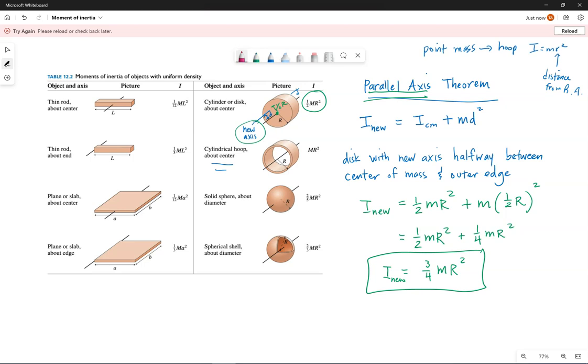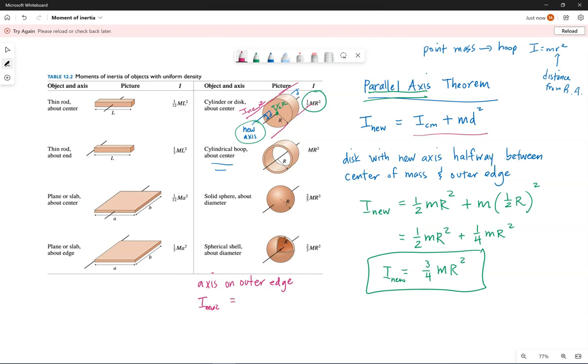Let's say we have our axis on the outer edge. So still the cylinder, but let's make our new axis out here along the outer edge. And it could be on any point of the outer edge. So I could have drawn it over here. So I new 2, our second I new.